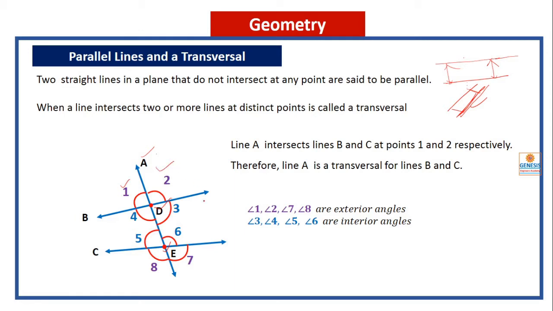So 1 and 2 are called exterior angles. Like that, 7 and 8 are also called exterior angles. 3, 4, 5 happen to be inside of these two lines. That is why these angles are also called interior angles. Are you clear? So you have to distinguish what are the external and what are the internal.